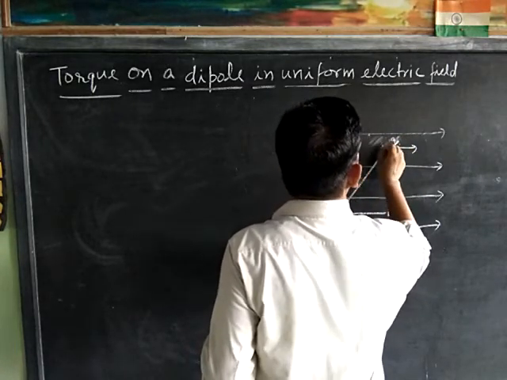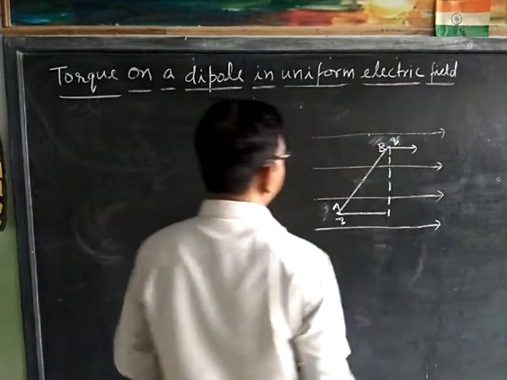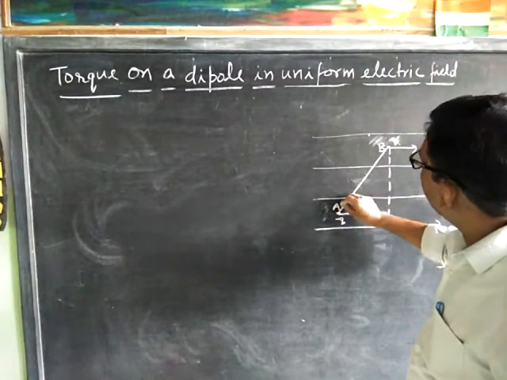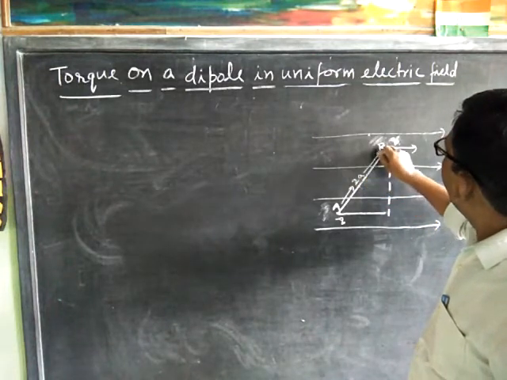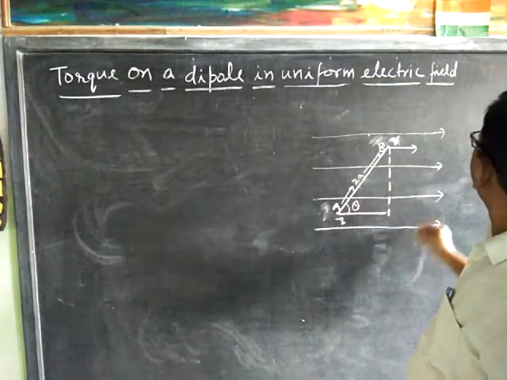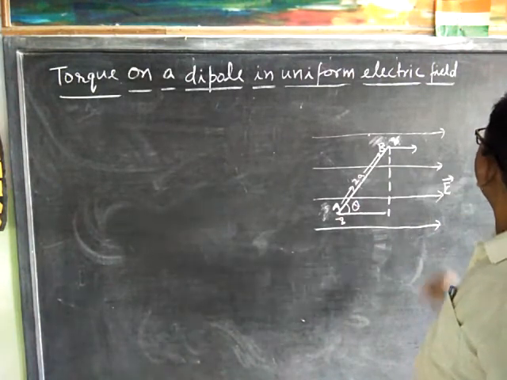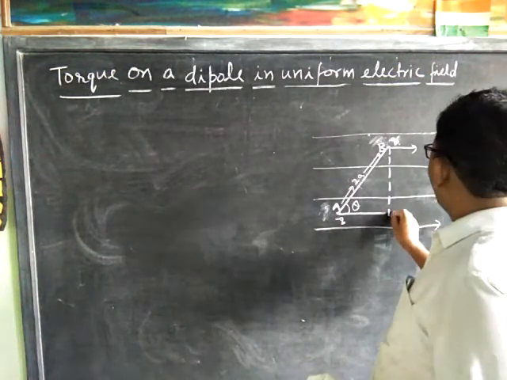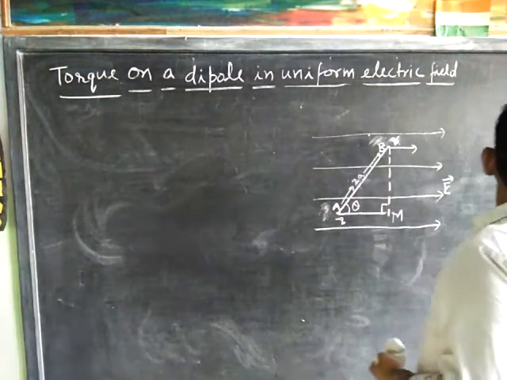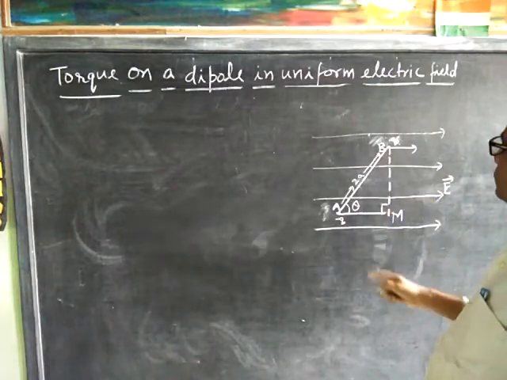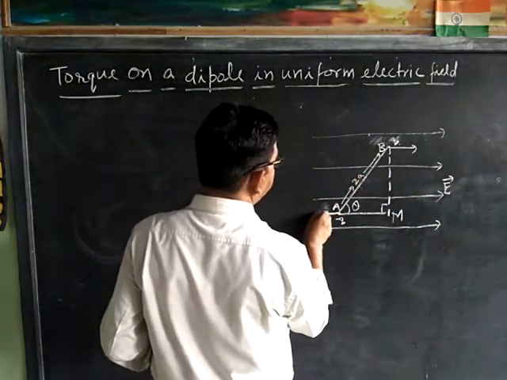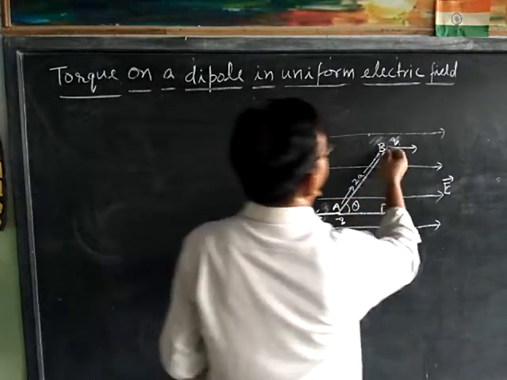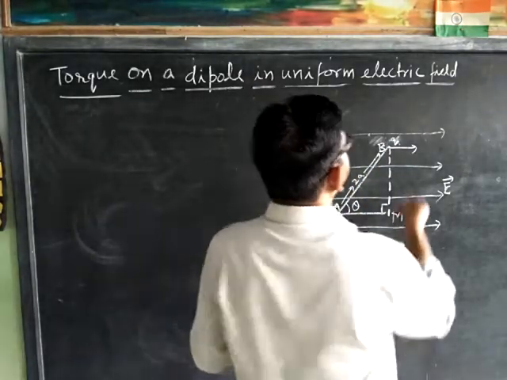Consider a dipole and the distance between them is 2a, and let the dipole make an angle theta with electric field E. The force acting on the dipole at point A is minus QE, and the force acting on the dipole at point B is plus QE.